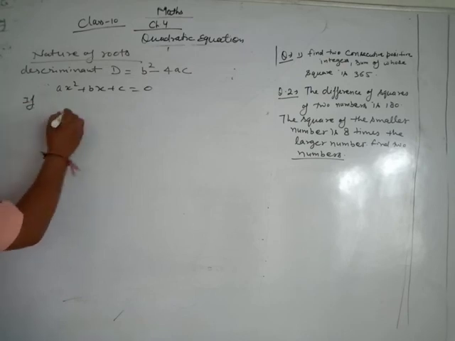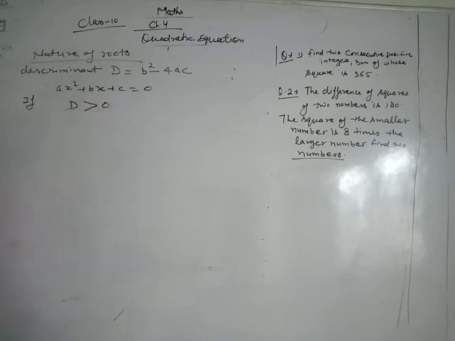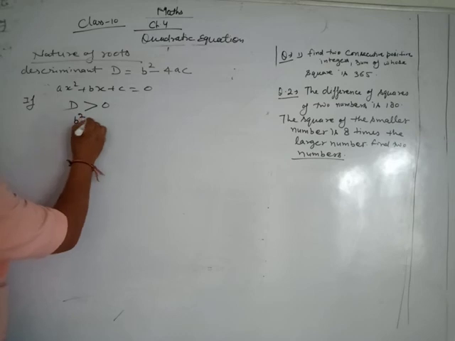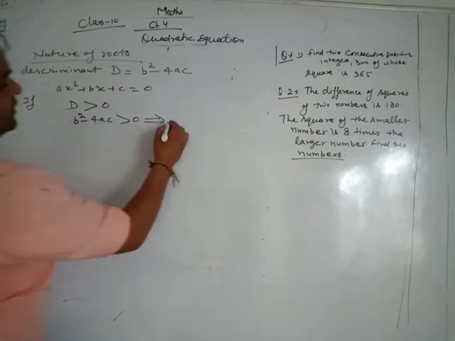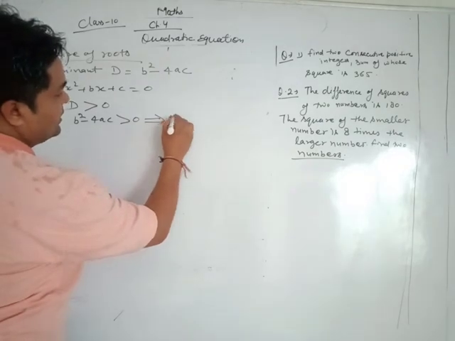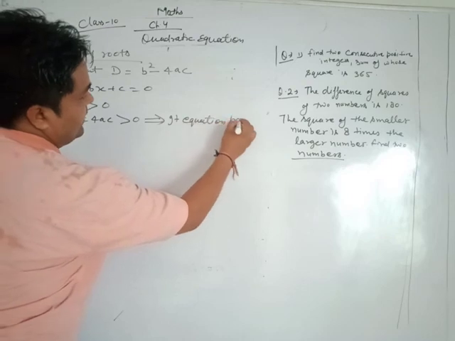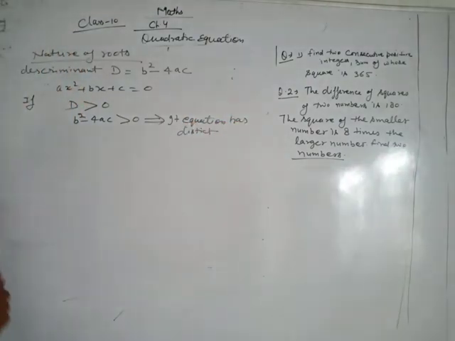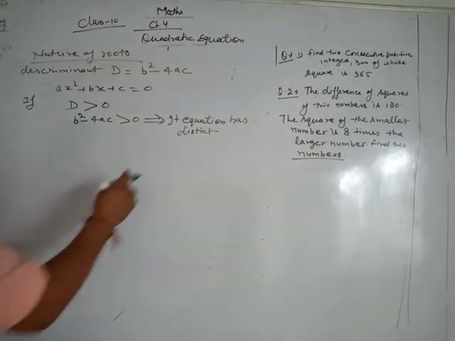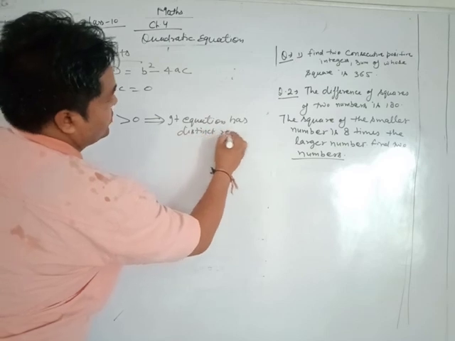If D greater than 0, it means b square minus 4ac greater than 0, then we can say this equation has distinct real roots.